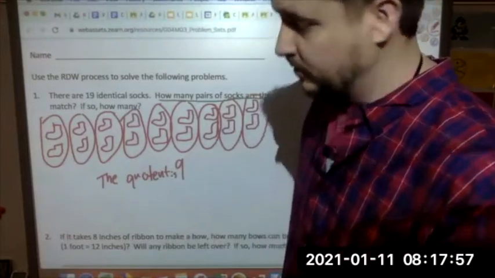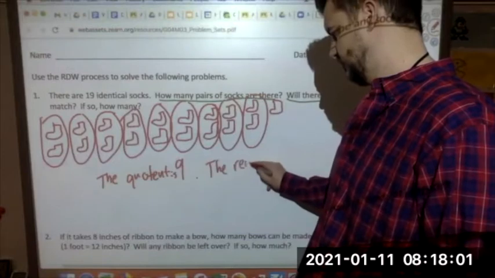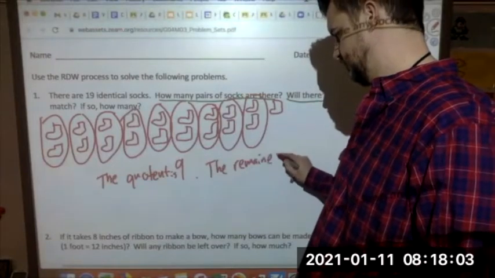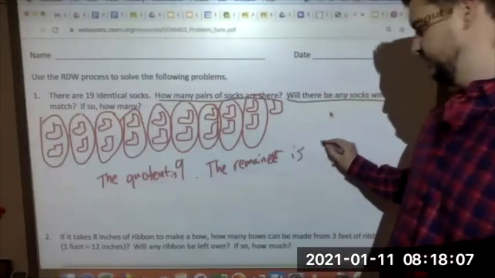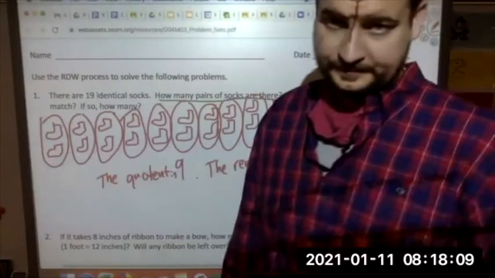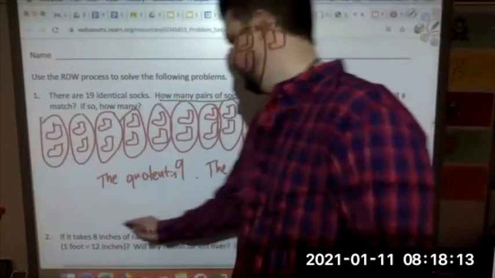The remainder is 1. So if we were going to write a statement, there are 9 pairs of socks.